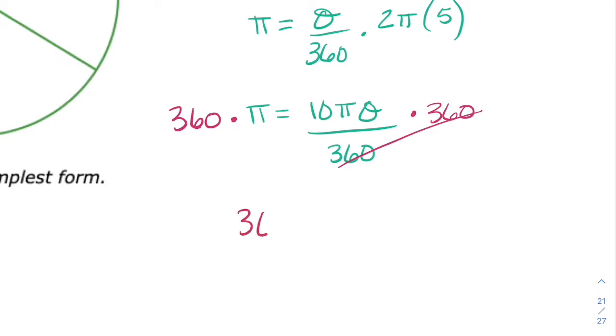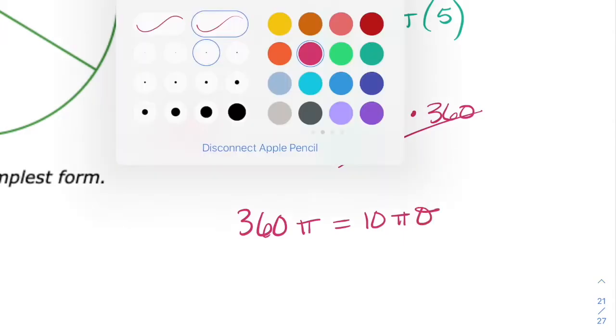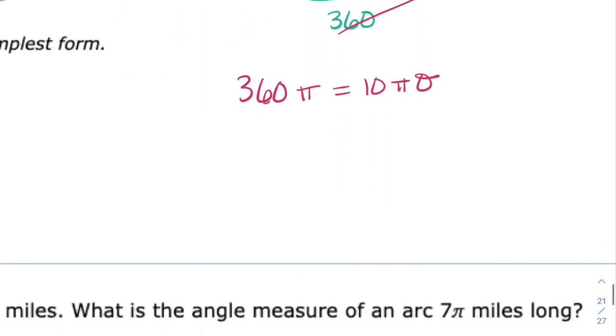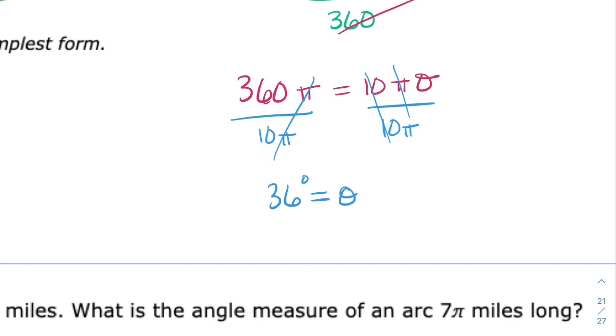So we have 360 pi equals 10 pi theta. And then the last step is going to be to divide both sides by 10 pi. 10 goes away, pi goes away, so I get 36 because 360 divided by 10 is 36. So 36 degrees equals theta.